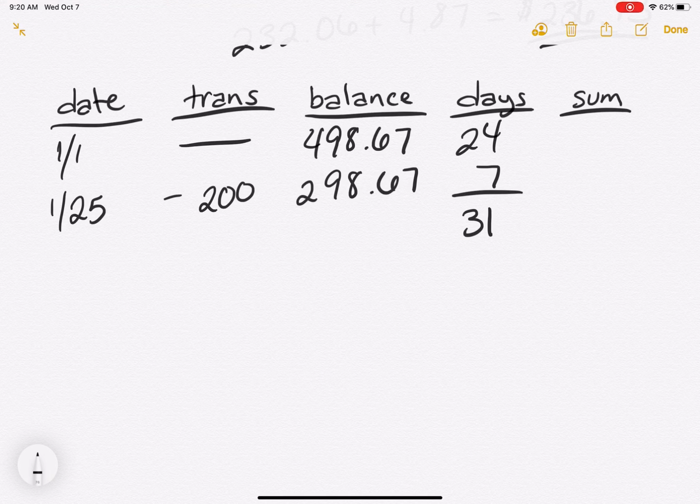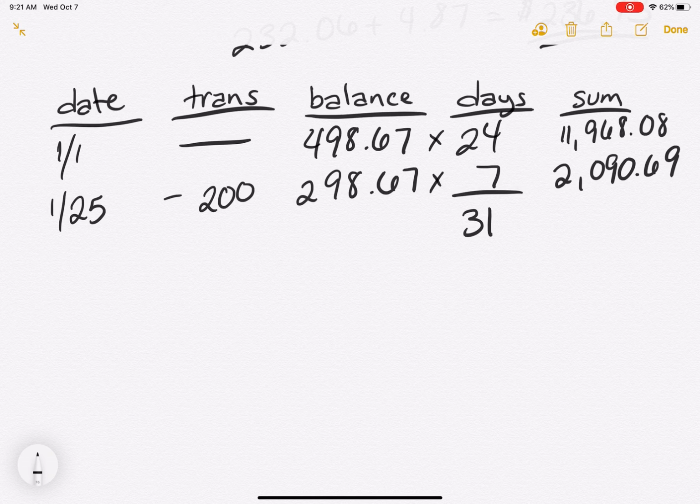Then we multiply it out. This one's only asking for the finance charge. They don't care about the ending balance.